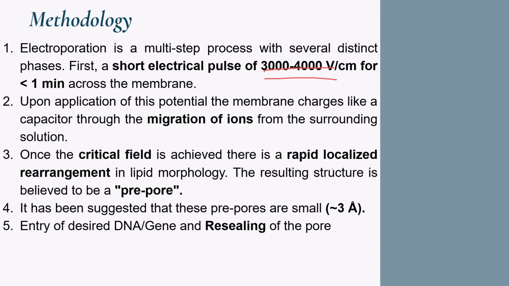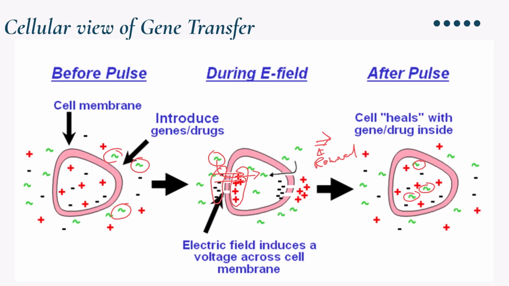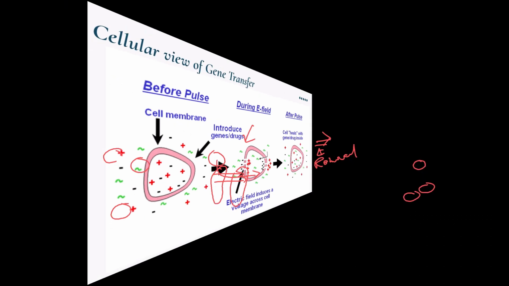all these things we said, but I have a point here, that is pre-pore. The critical field is the field in which the rapid localization and separation of ions occurs. Right here, this is the critical field. The critical field is the electric field voltage at which this separation and pore formation occurs.